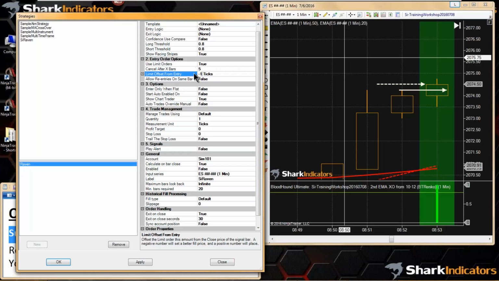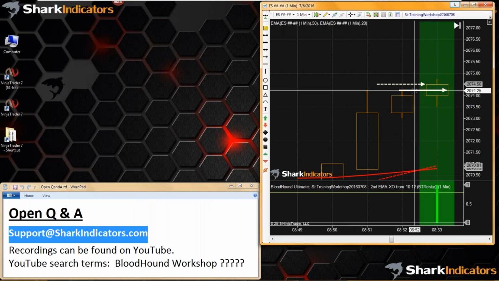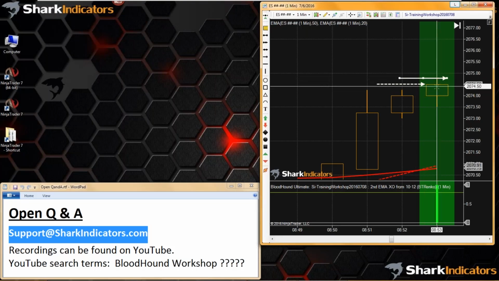Right. So a negative one tick for a long trade is going to place the limit order at a better fill, right? So it's going to be 1 tick down, negative 1 tick down for a better fill. Now, if we did a positive 1 tick, then the limit order would get tossed up here for a long trade, right?